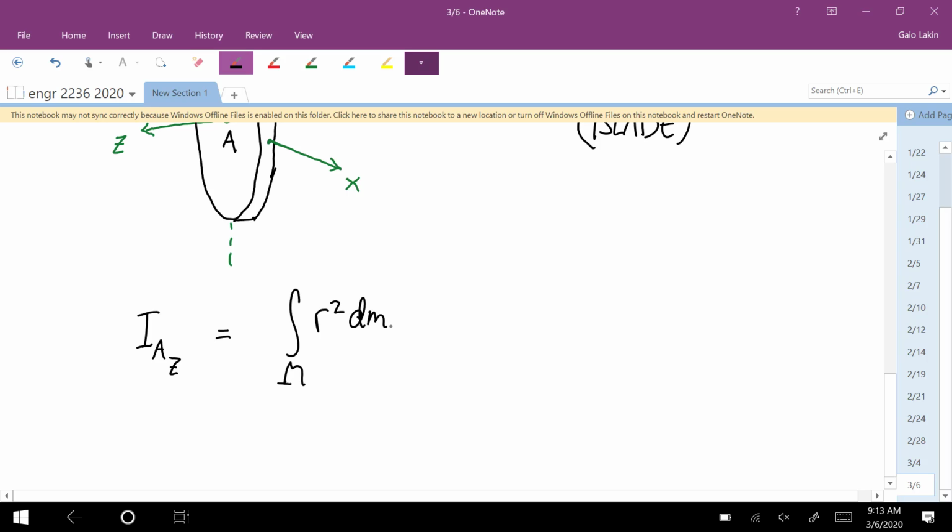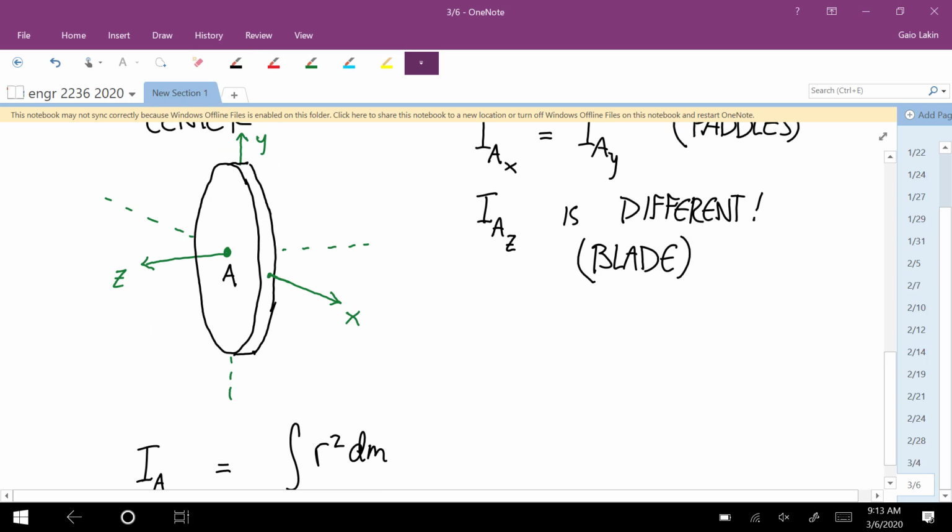Since it's a uniform thickness all the way through, we can just think about the mass density per area. So we'll divide the total mass by the total area, and then any area we multiply by that will tell us how big the mass of that piece is.